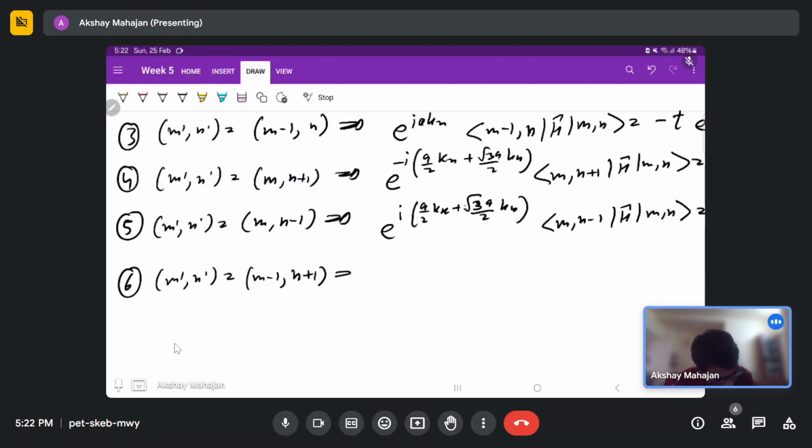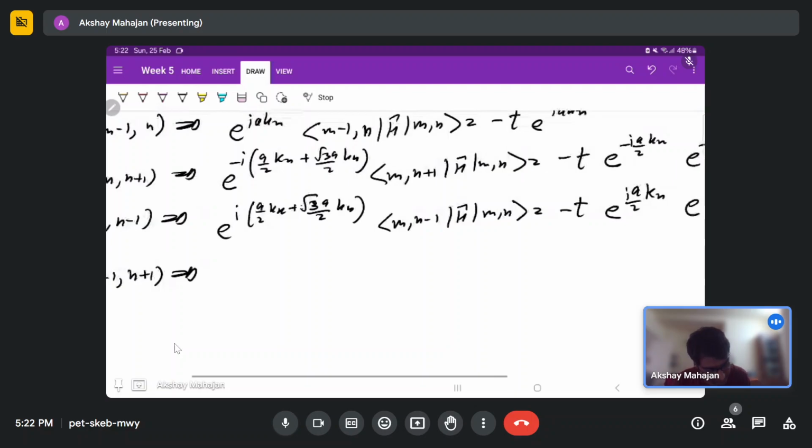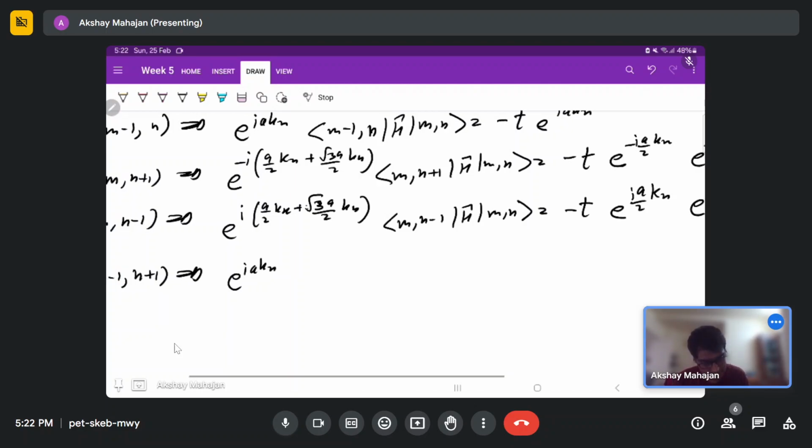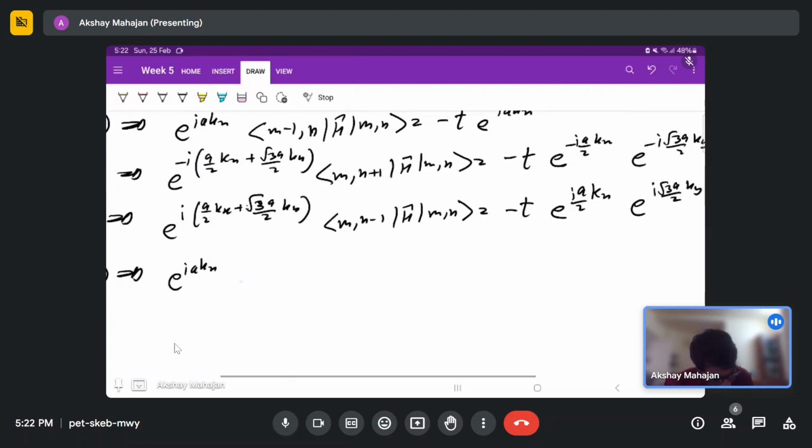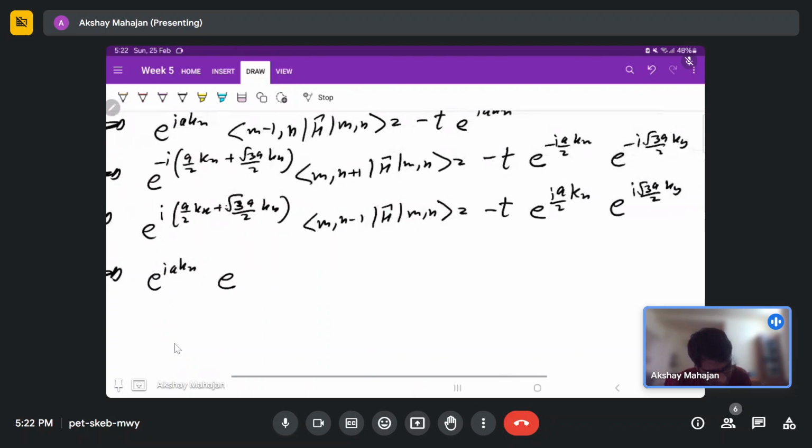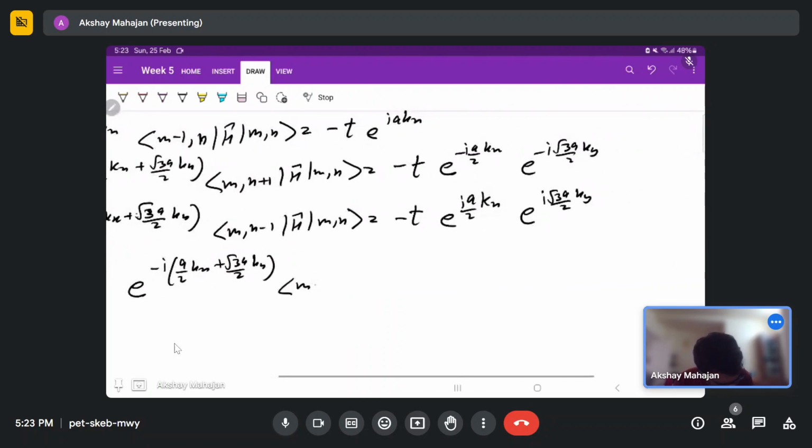So m minus 1 will give us e to the power iota a kx, and for n plus 1 we will get e to the power minus iota (a by 2 kx plus root 3 a by 2 ky), times m minus 1 n plus 1 H cap m comma n.